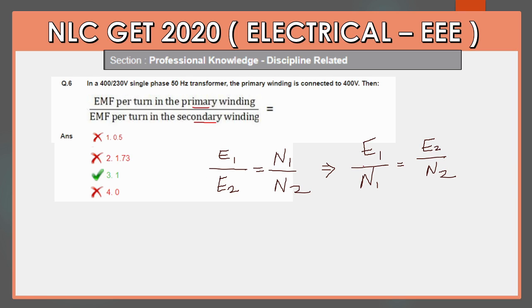So E1 by N1 equal to E2 by N2. What is E1 by N1? EMF per turn. We call it EMF per turn. So in a transformer, EMF per turn in primary and secondary are equal. So the ratio will be 1. So the answer is 1.